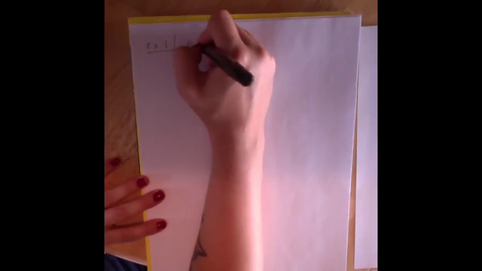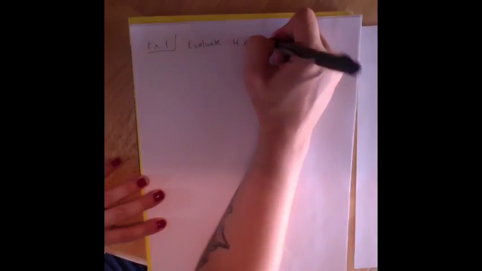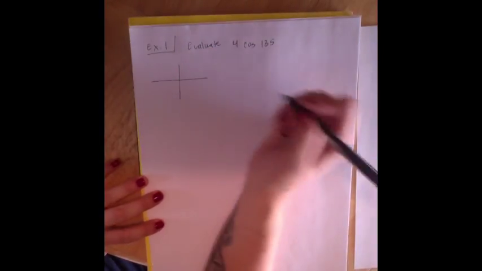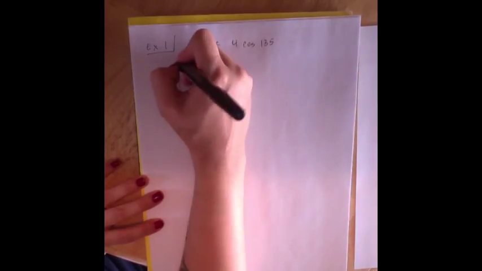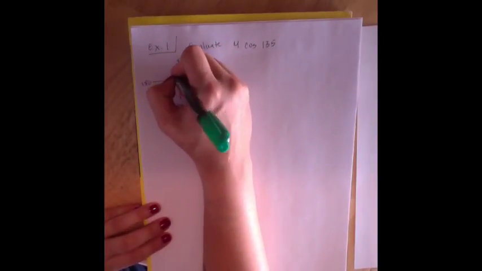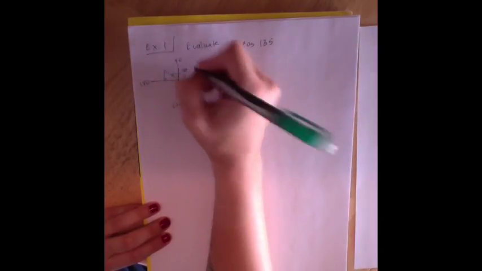We want to evaluate 4 cosine of 135. Okay, so I first want to draw 135. I know this is 0, 90, 180, 270. 135 is less than 180, so I go over here. That's 135.